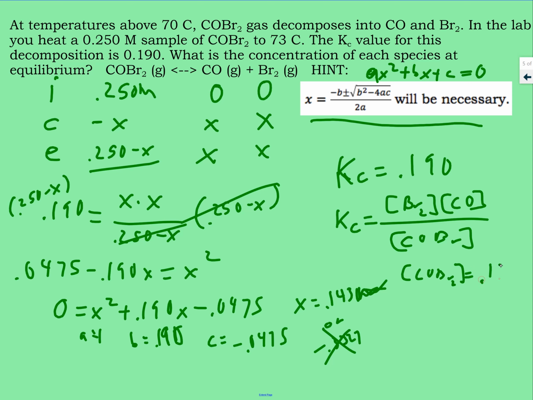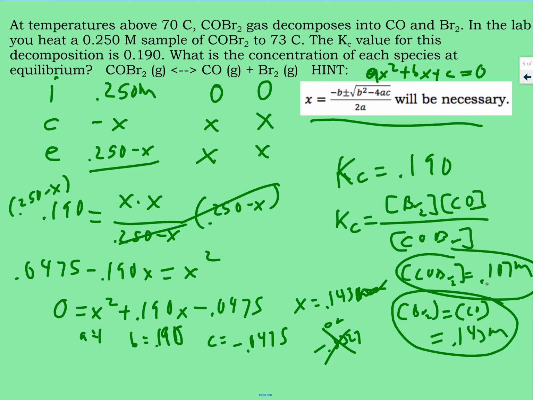Get 0.107 molar. That's one of my answers. And then the other two are easy. They're going to be equal. Br2 equals CO, which equals just what x was, which is 0.143 molar.